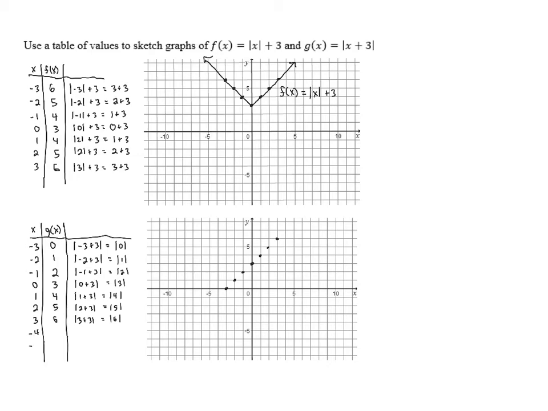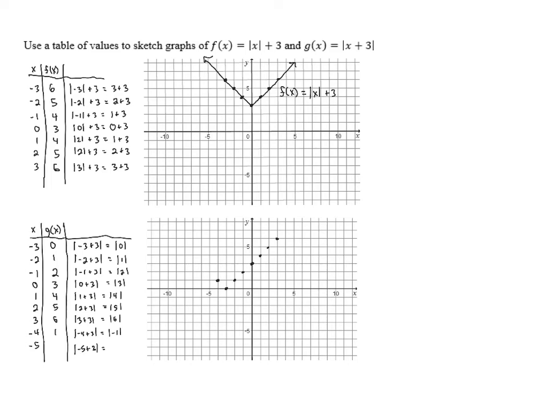Let's try -4 and -5. Now here we've got -4 plus 3, and that's going to give us -1. The absolute value of -1 is +1, and that gives us the point -4, 1, which does now look like we're getting a little bit of a V. Let's do -5.